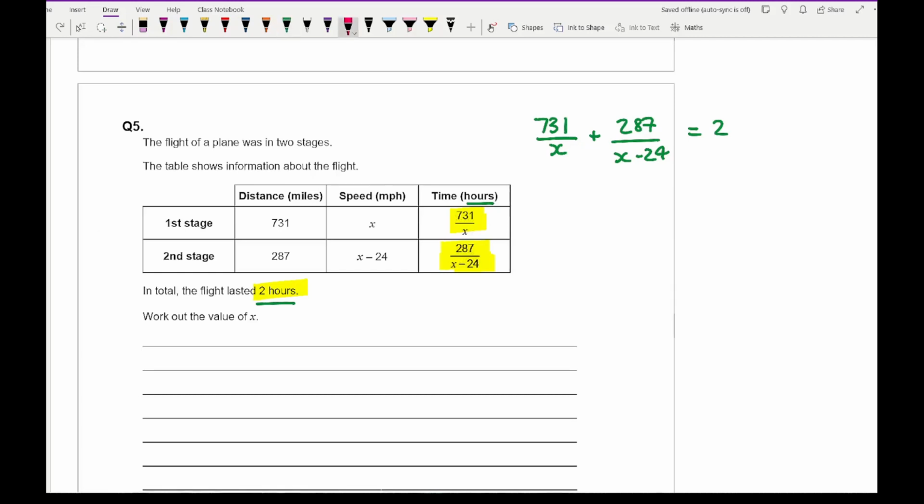By writing it in this notation, it looks like algebraic fractions. So what we need to do here when we're adding is get a common denominator. Typically our common denominator is usually the 2 denominators multiplied together. So a common denominator here is going to be x, and then x minus 24 in brackets.